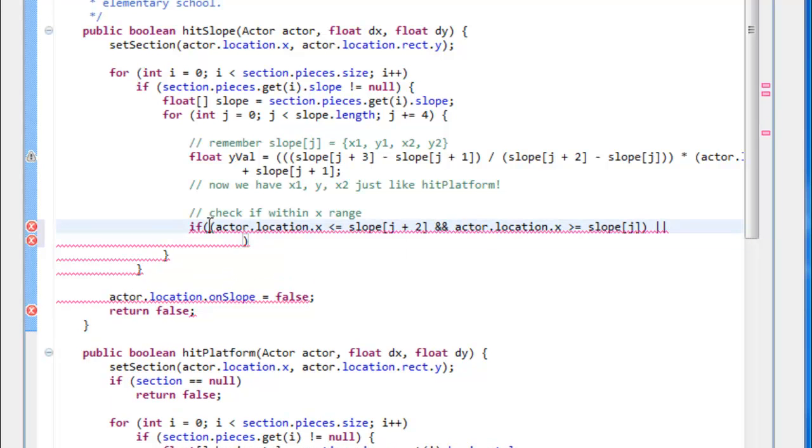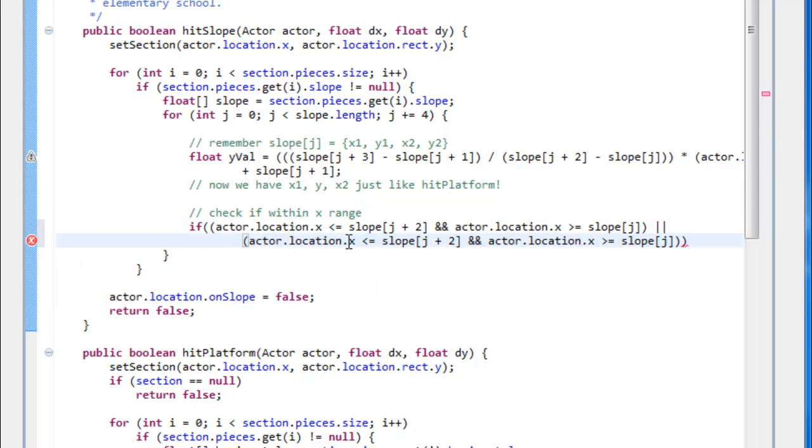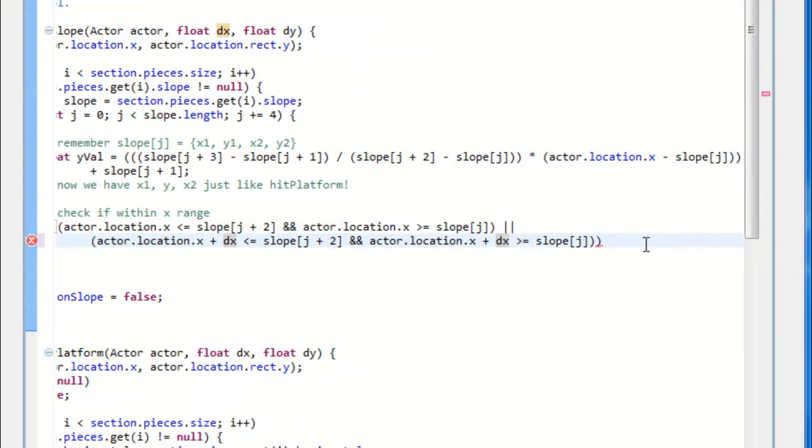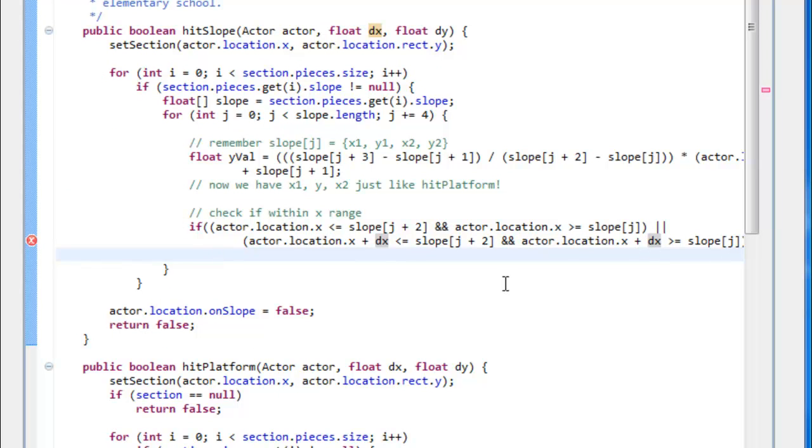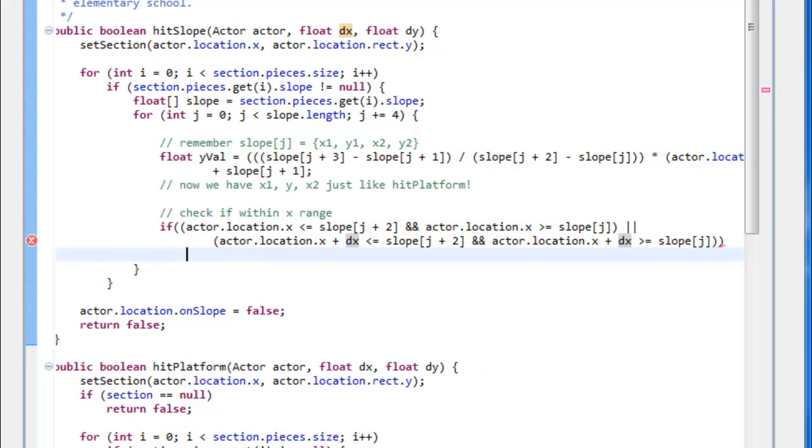We're just going to copy and paste this over here, and copy and paste that over here, and just add the dx. I hope this is making some sense. It's pretty simple, and actually quite flawed, and I'll show you the flaw that we're going to have by doing this.